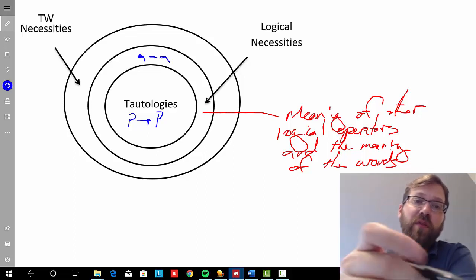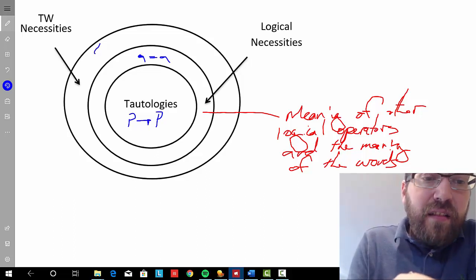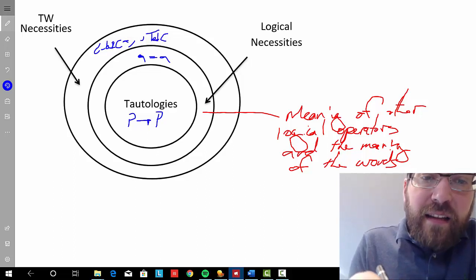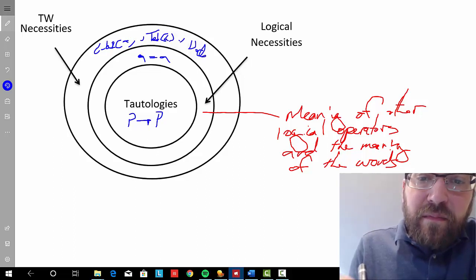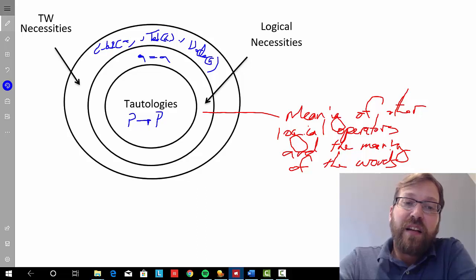In Tarski's world, one of the things that is necessary is that something has to be a cube, a tet, or a dodec. But of course, that's not logically necessary.